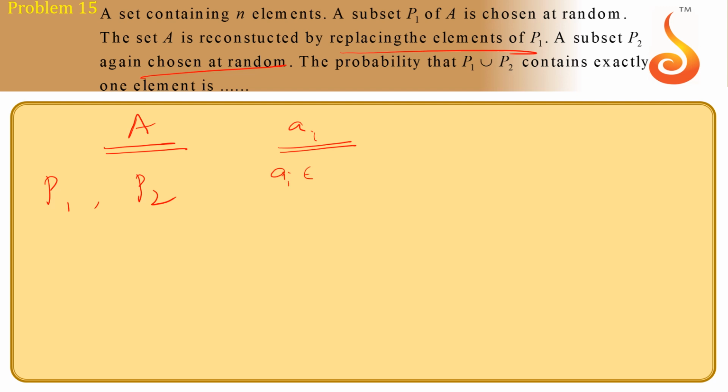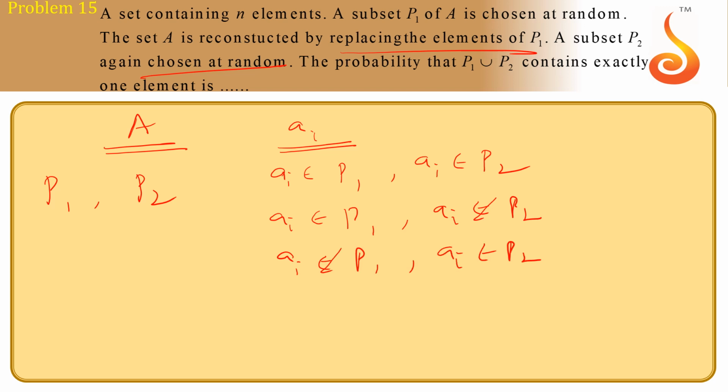Ai can be in P1 and in P2. Ai can be in P1 but not in P2. Ai not in P1 but in P2. Ai not in P1, not in P2.